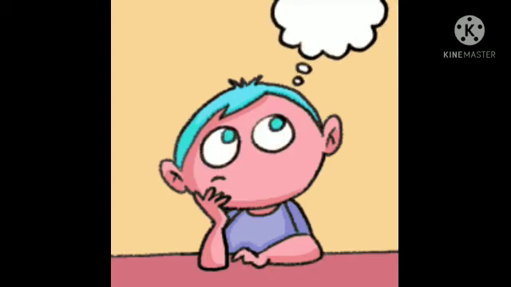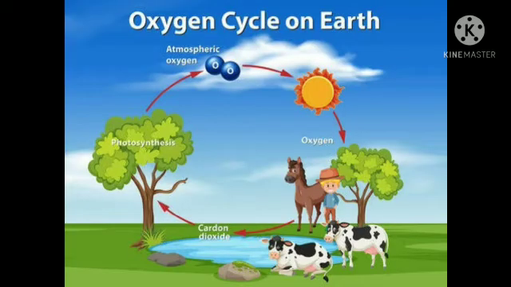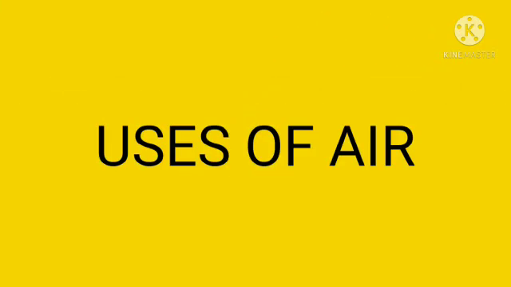Who is refilling the oxygen in the atmosphere? Let me see. The balance of oxygen and carbon dioxide in the atmosphere is maintained through respiration in plants and animals and by photosynthesis in plants. This shows the interdependence of plants and animals. We can now appreciate how important air is for life on the earth.